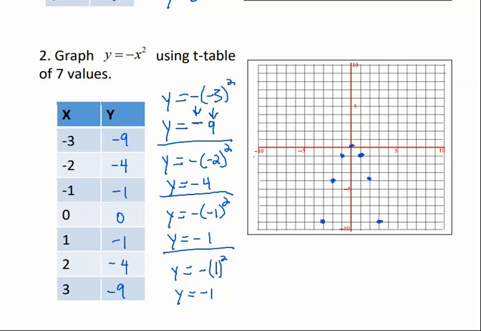All right, so let me draw this out. And that's the graph of y is equal to negative x squared.